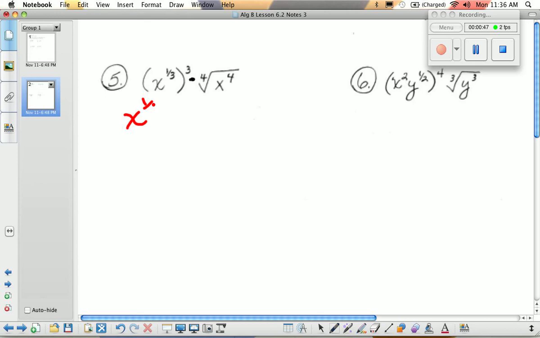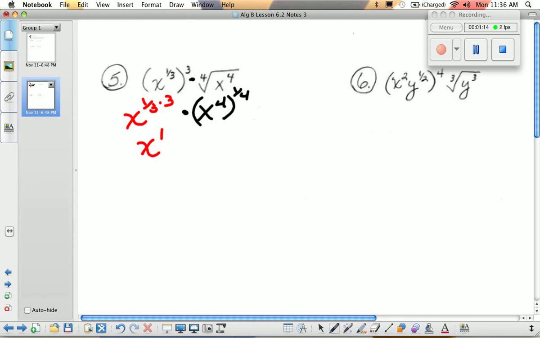Multiplying. So 1/3 times 3. So what's 1/3 of 3? 1. So this becomes x to the 1st power. And then we're going to simplify. Remember, a 4th root means that we can take x to the 4th power, and taking the 4th root is the same as taking it to the 1/4 power.